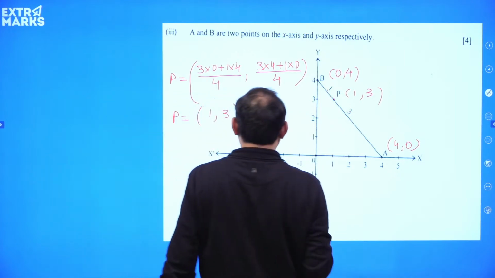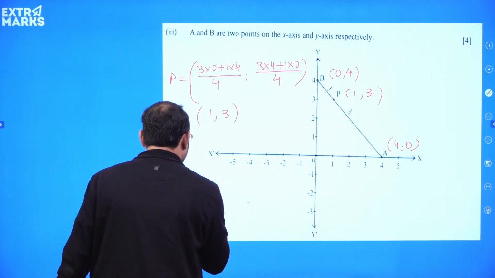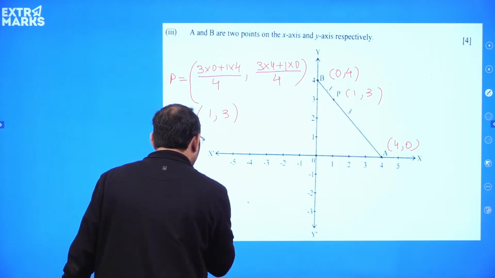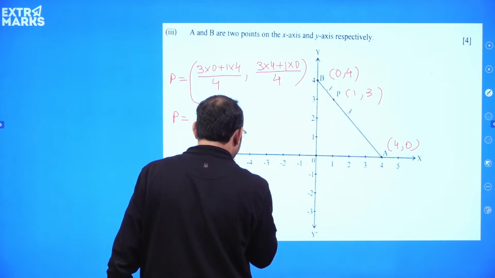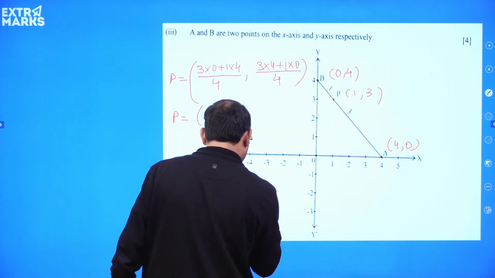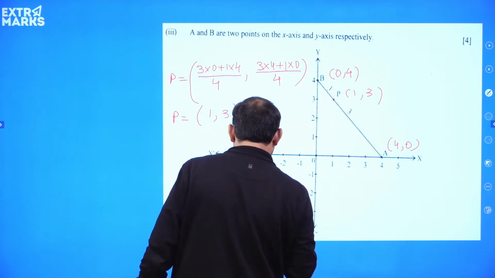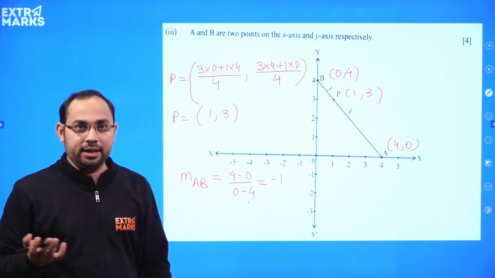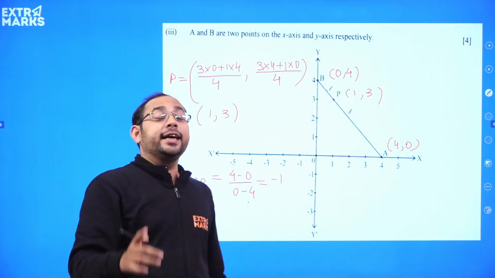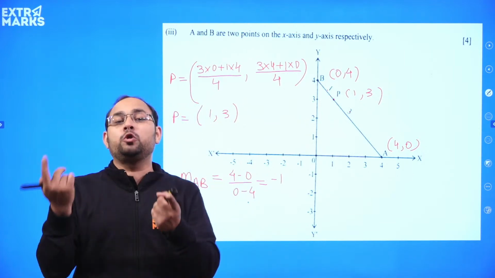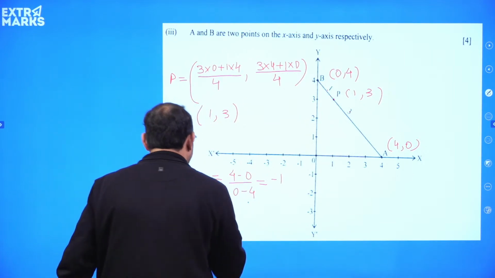Okay. So let's find the slope of AB. So slope of AB, MAB, will be 4 minus 0 upon 0 minus 4. This is minus 1. So MAB is coming minus 1. Now we know that if two lines are perpendicular to each other, the product of their slopes is minus 1. Let's apply that.